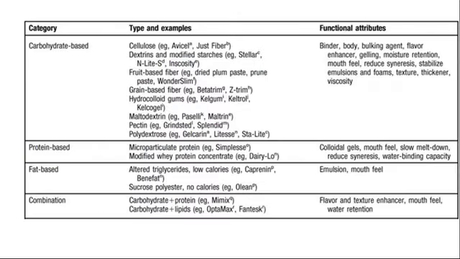So here are some examples of the carbohydrate based fat substitutes that are available in the market. So here you have carbohydrate based, you have protein based, you have fat based, and you have a combination of the two.